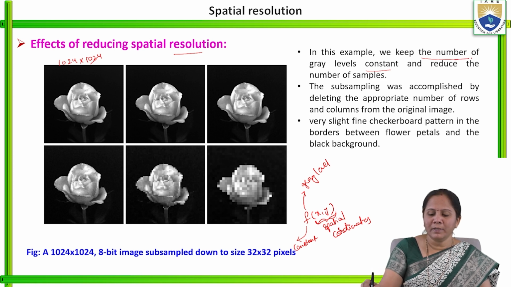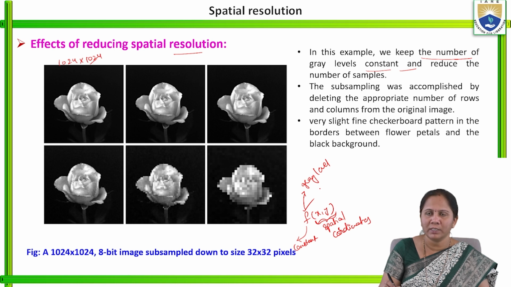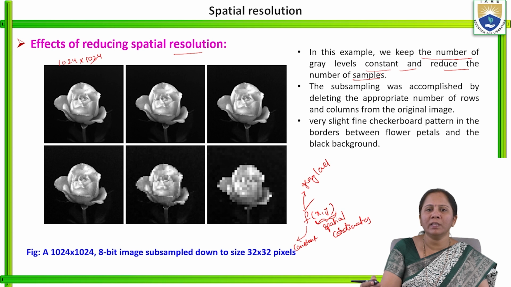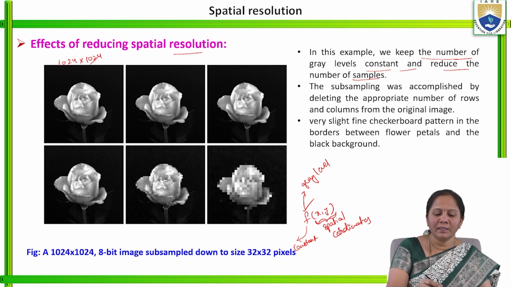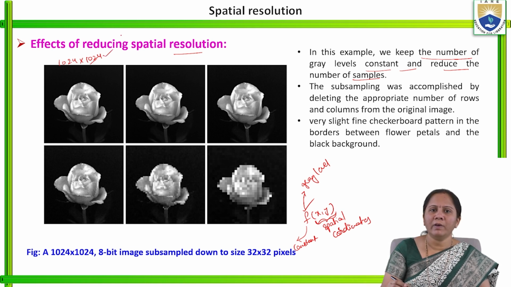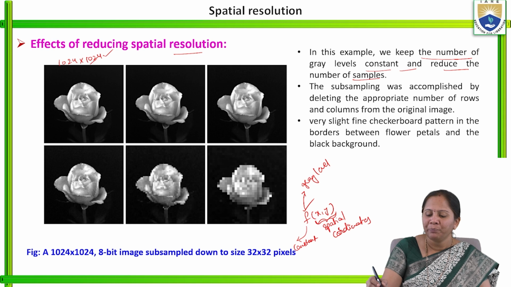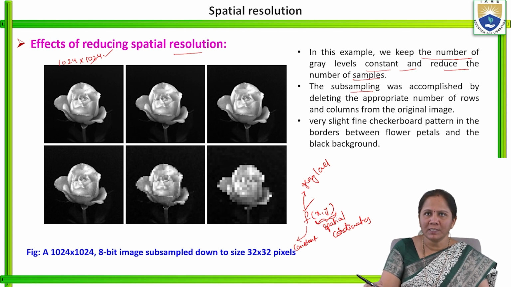So in this example, we keep the number of gray levels constant, that is the value of f, and we are reducing the number of samples. Reducing the number of samples means reducing the m by n value to 512 by 512, next 256 by 256, and so on. We do this sampling by deleting the appropriate number of rows and columns in the original image.